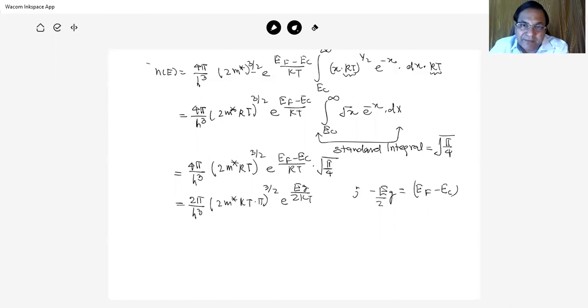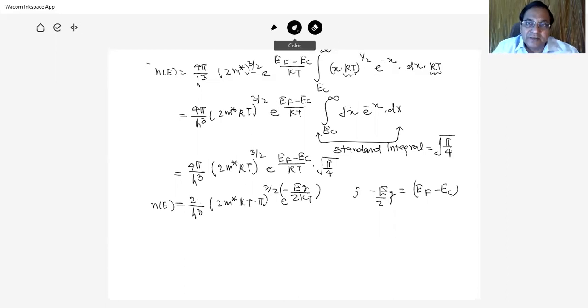That's why the exponential power is minus Eg by 2 kT. And this is Ne. Once this pi is included inside, there is no need to have it outside.